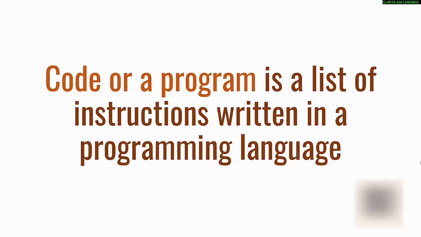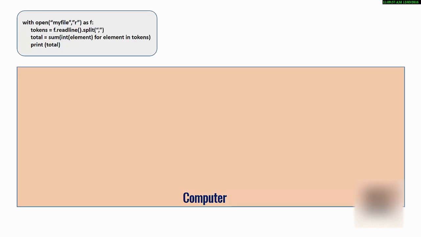Now let's see how it all works underneath. When you give code to your computer, this big piece here is a computer, and here is the same code. When you give this code to a computer, it's gonna first go to a Python interpreter. Now this code is in Python programming language, hence it is going to Python interpreter.